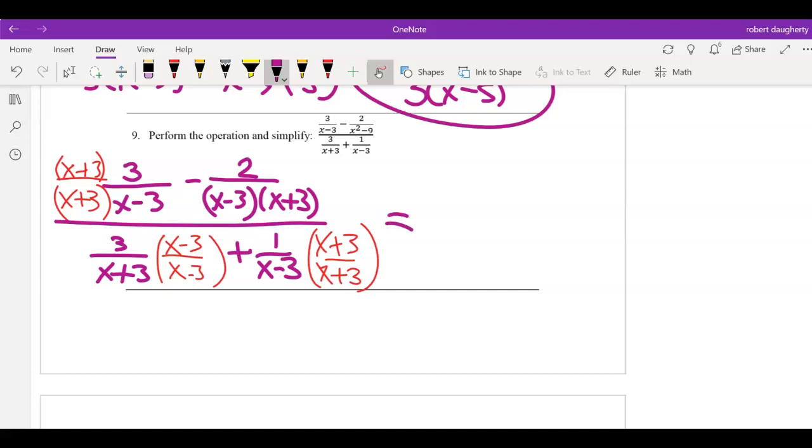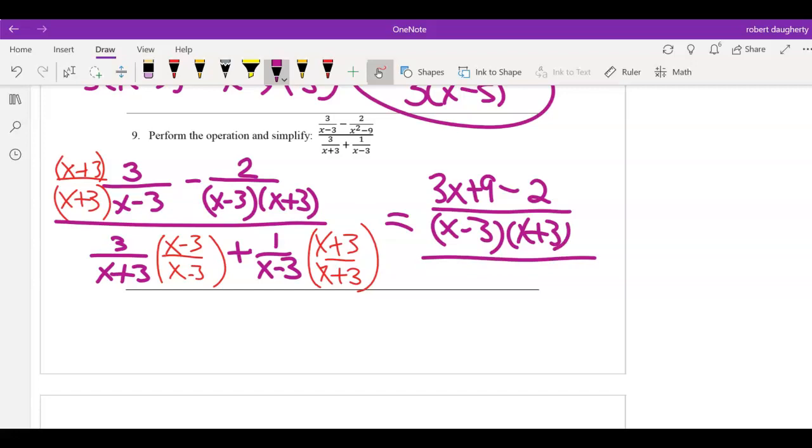So let's do that. So I'm going to get 3x plus 9 minus 2 over x minus 3, x plus 3, divided by 3x minus 9 plus x plus 3, divided by x minus 3, x plus 3.